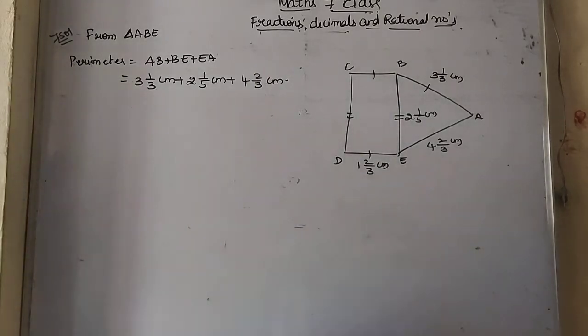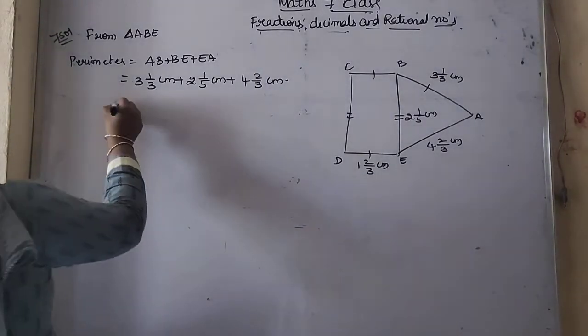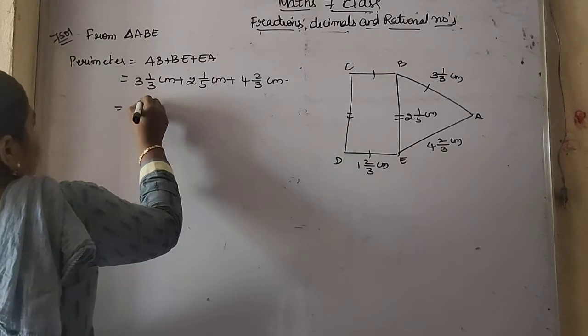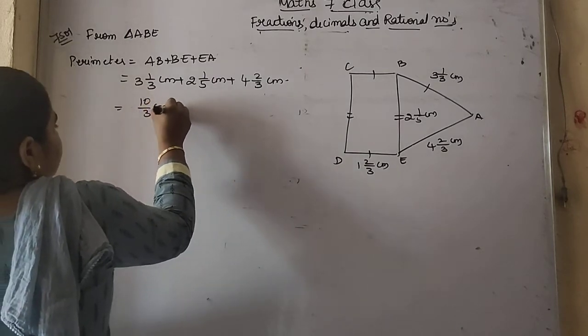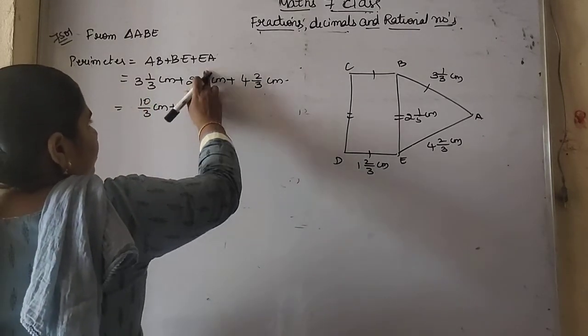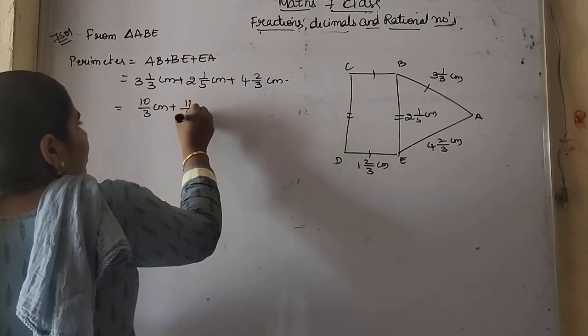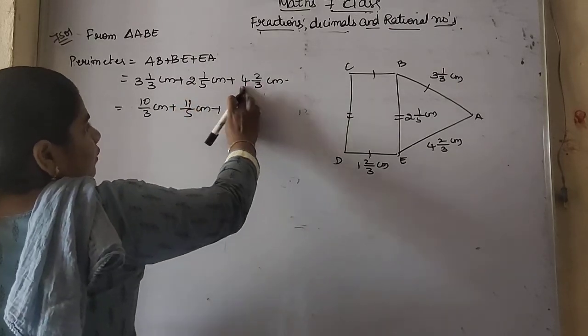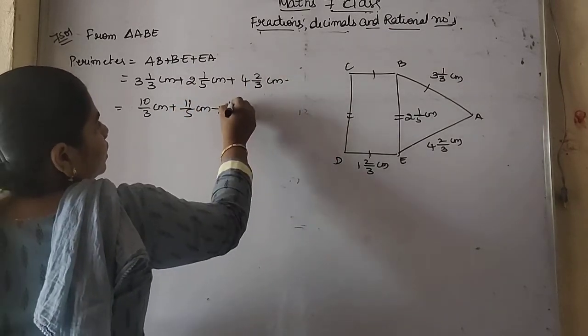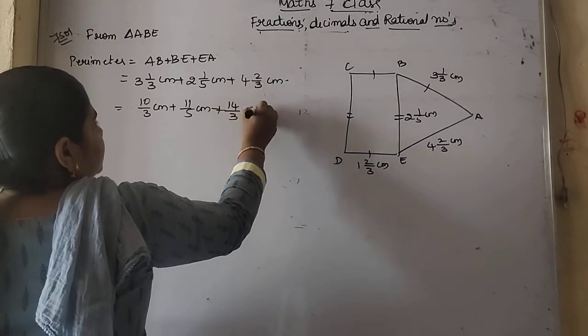Now convert these mixed fractions into improper fractions. 3 3s are 9, 9 plus 1 is 10, so 10/3 centimeters plus 2 5s is 10, 10 plus 1 is 11, so 11/5 centimeters plus 3 4s are 12, 12 plus 2 is 14, that will be 14/3 centimeters.